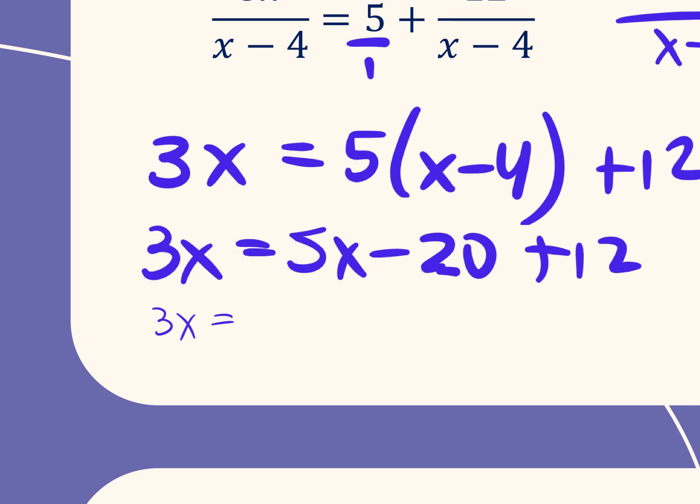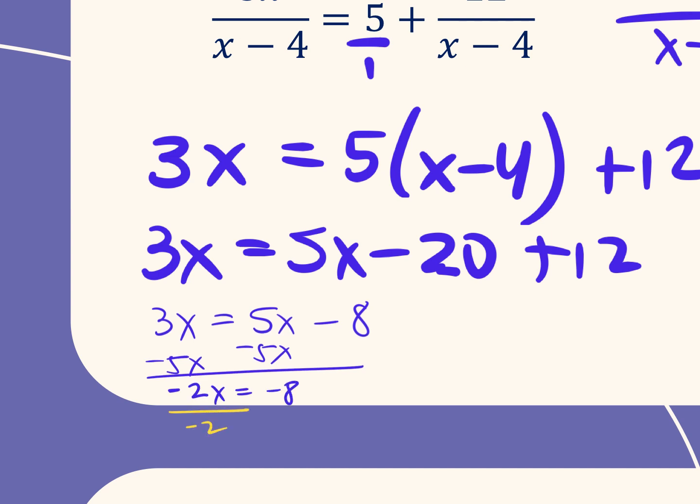So 3x equals 5x minus what? 8. Good. Let's subtract 5x from both sides. So negative 2x equals negative 8. Now what? Divide by negative 2. What's x equal? 4. Okay, we came out with x equals 4.